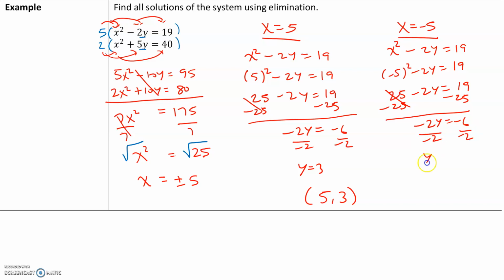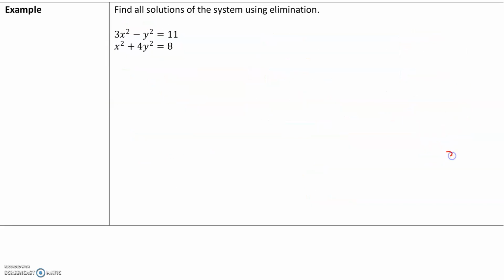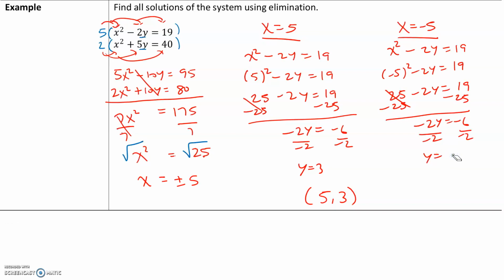Divide by negative 2, and I get y equals positive 3. Oops. So my second solution is going to be x equals negative 5 and y equals positive 3. And these will be my two solutions.